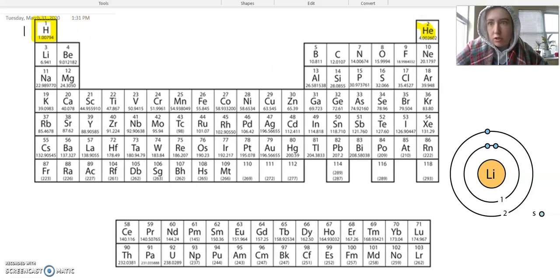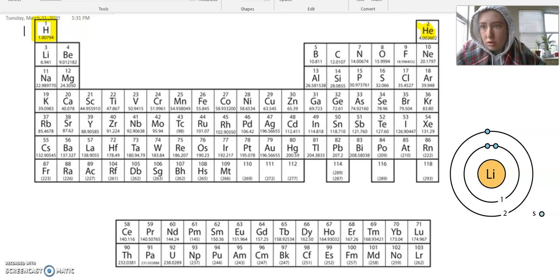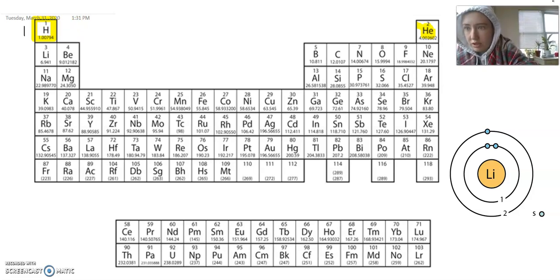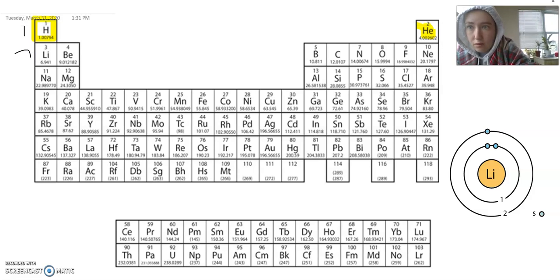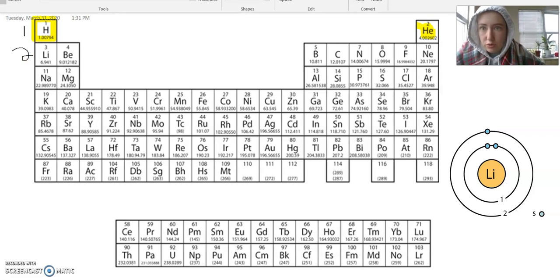Then we've got the second row. It starts with lithium, and it's going to have 2. So everything in this left to right row will have 2. And let me highlight all that for you so you can see what I'm talking about.